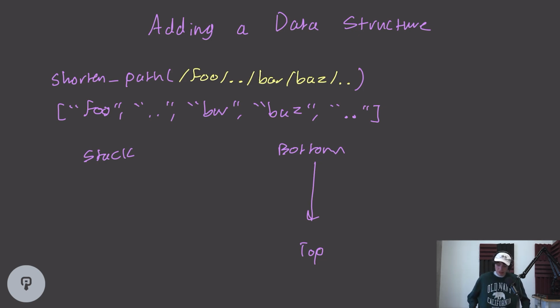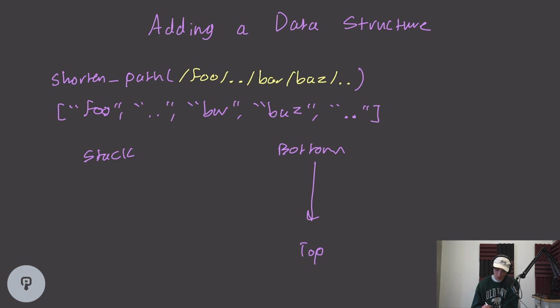The first is if the token that we receive is a non-special character, all we have to do is simply push it onto the stack. And then when we encounter a special character, so that's either going to be the dot or the dot dot, we have to check, is the element on the stack that we're peeking, is that a special character? And if it's not, so that would be like foo or bar or baz, we can just simply eliminate it and move on to the next token.